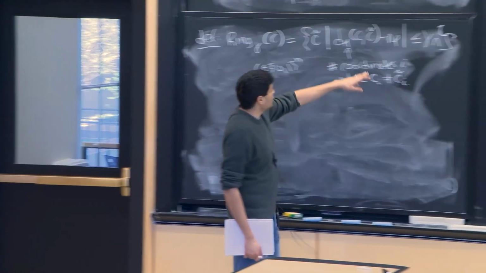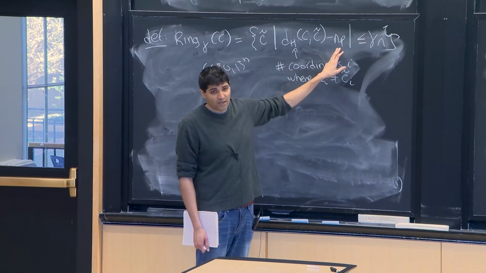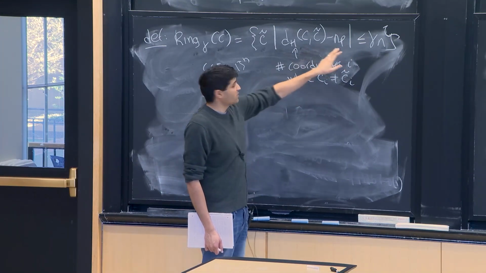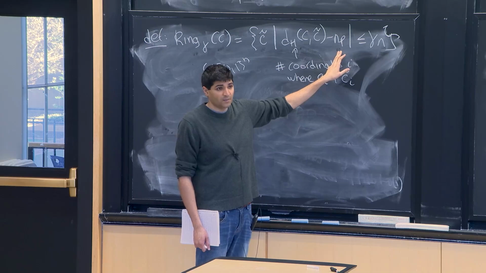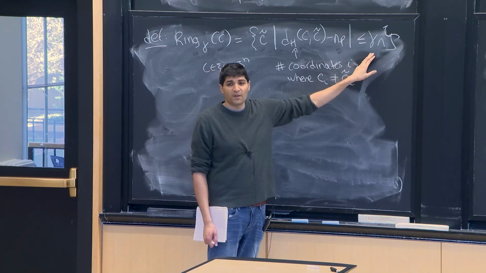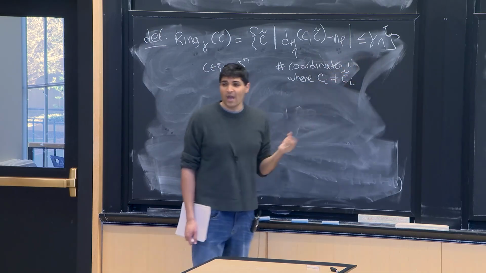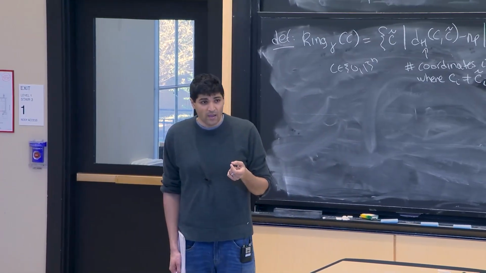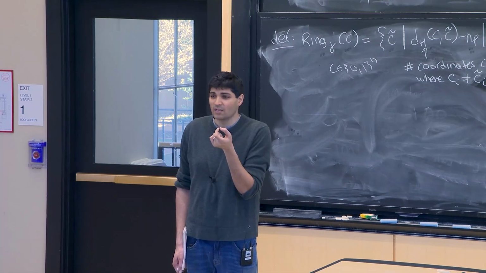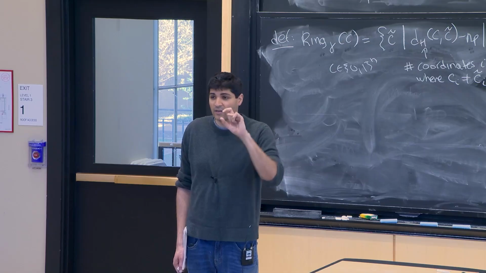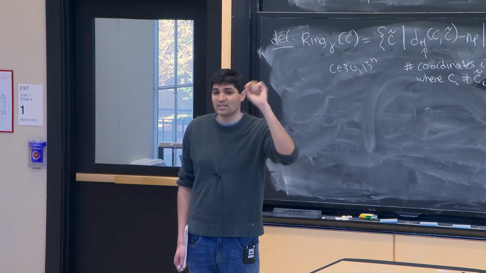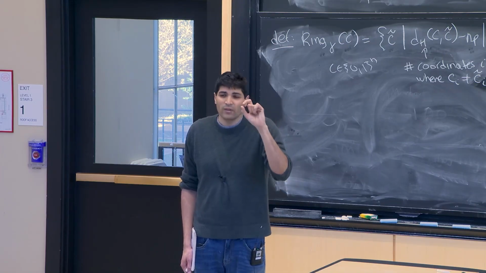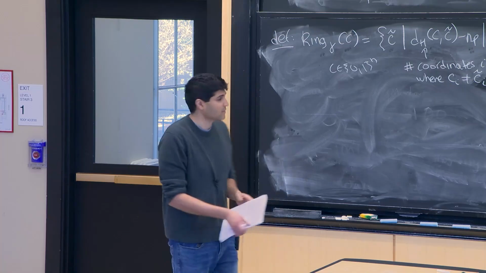So in expectation, if C tilde is the output of my channel, I would expect the Hamming distance to be n times p. And here I just added a bit of slack. You should think of gamma as being something really, really tiny that's going to 0. It just adds a little bit of slack, because my ring now looks like not the set of things at some fixed distance, but within some tolerance of that distance.